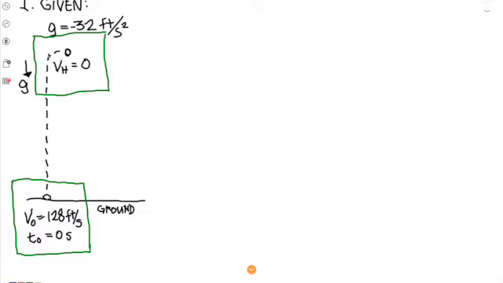If we throw it and it is constantly acted upon by the force of gravity, negative 32 feet per second squared, it will eventually stop. The particle, or the stone, will stop.